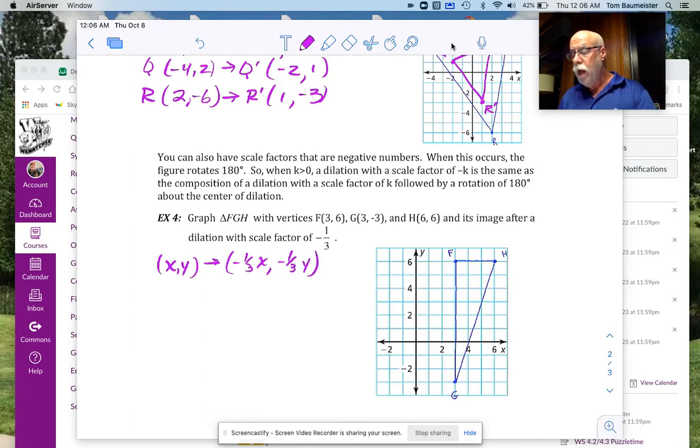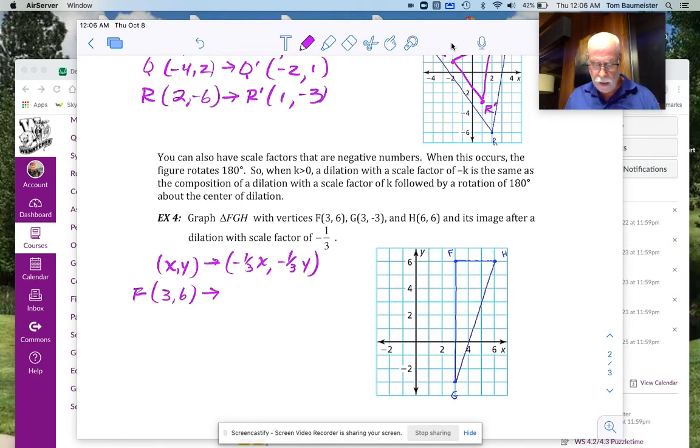Okay. So when we do that for F, we're going to have 3 and 6. And again, if I take negative 1/3 times 3, that will give us a negative 1. If I take negative 1/3 times 6, which would be the same as negative 6 over 3, that'll give us negative 2.